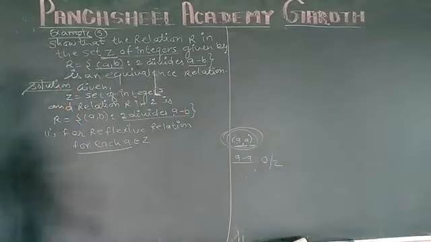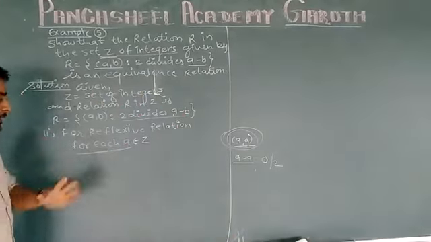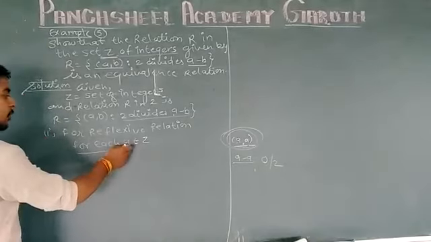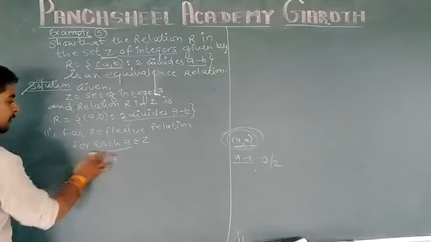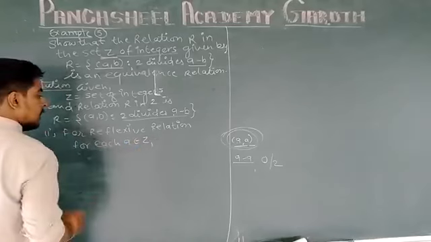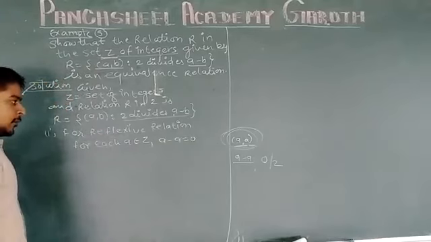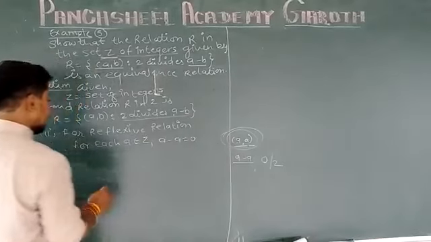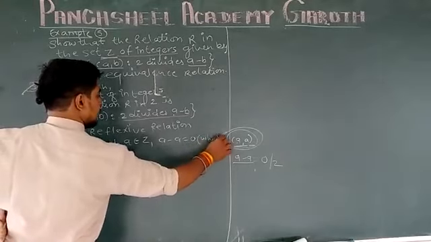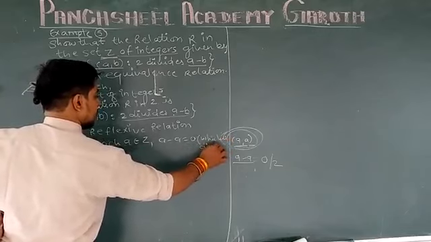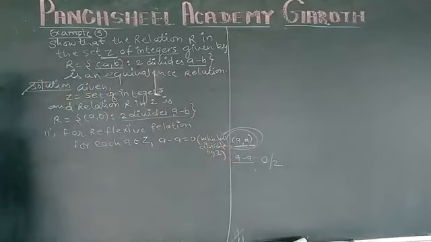and we clearly know that 0 is divisible by 2. So we can say here for each element A belongs to Z, all the integers A, A minus A is equal to 0, and it is divisible by 2.